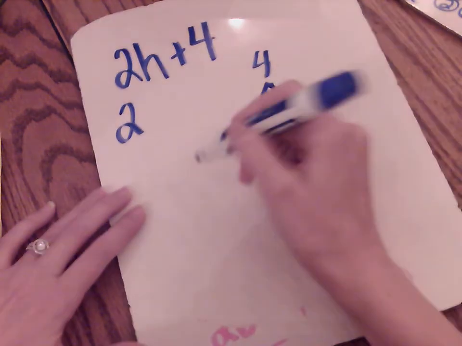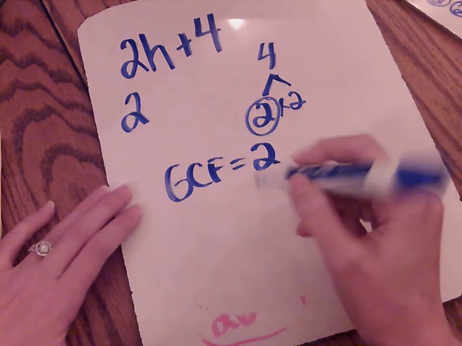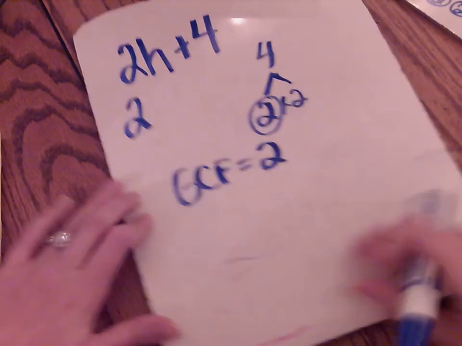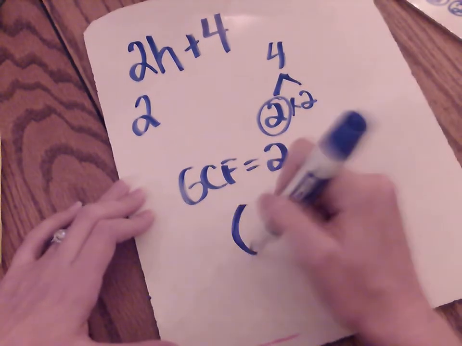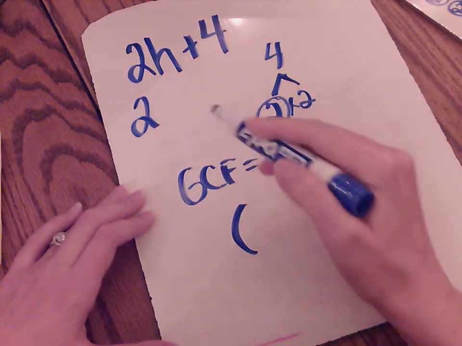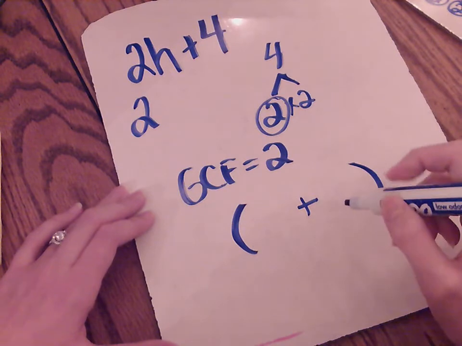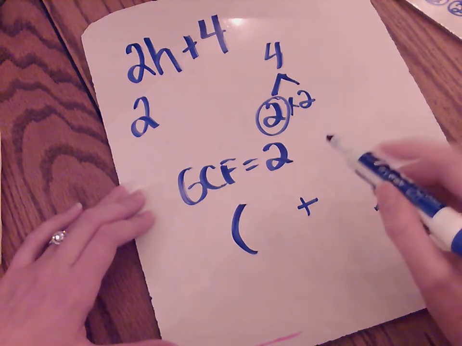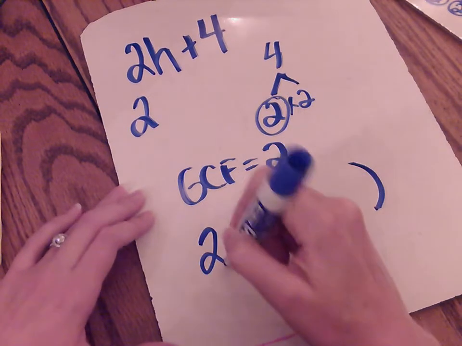Now what I'm going to do with this greatest common factor is set up my distributive property. We know our distributive property always has parentheses, and we always have a number on the outside, and since we're dealing with addition, we're going to have that operation in the middle, in the parentheses. My greatest common factor I'm going to put on the outside.